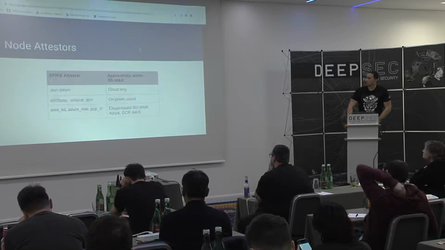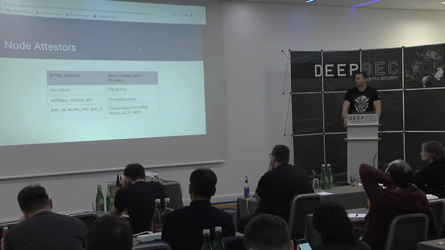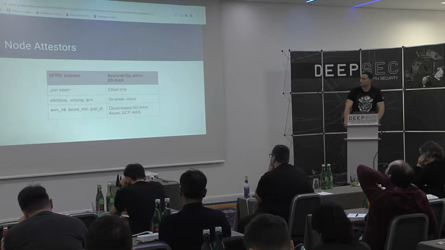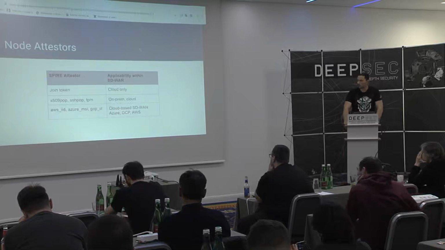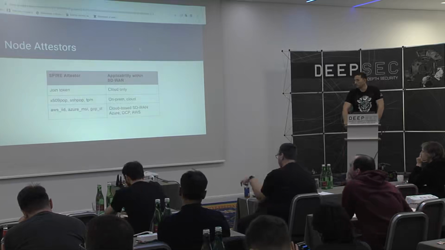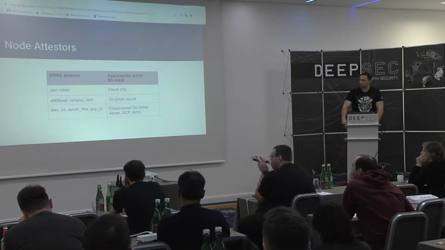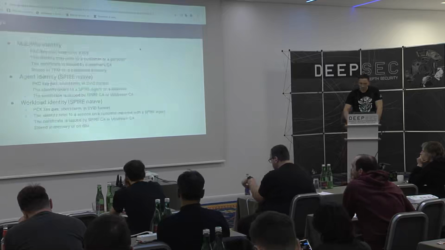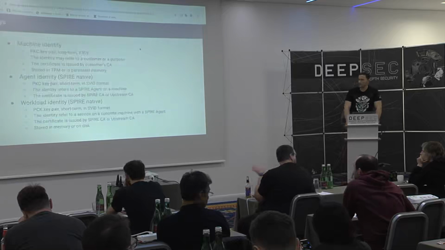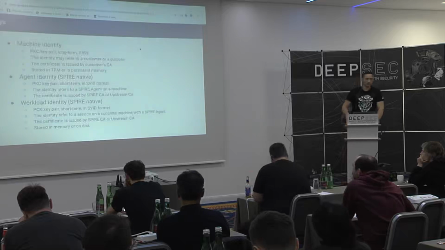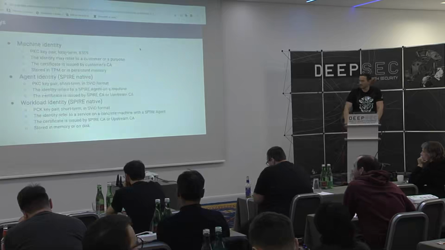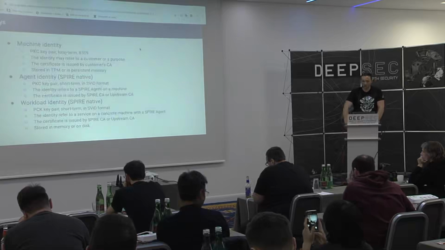SPIRE provides the following attesters: join token, SSH keys attesters, TPM-based attester, and attesters for different cloud-based platforms. So we can use different ones of them depending on the SD-WAN architecture.